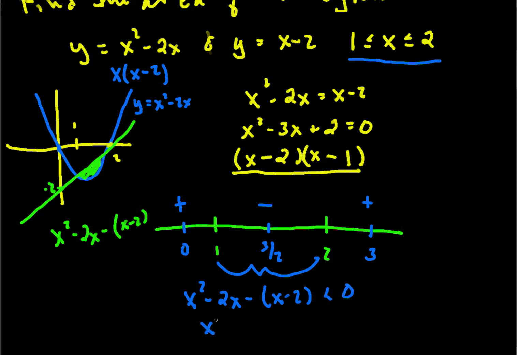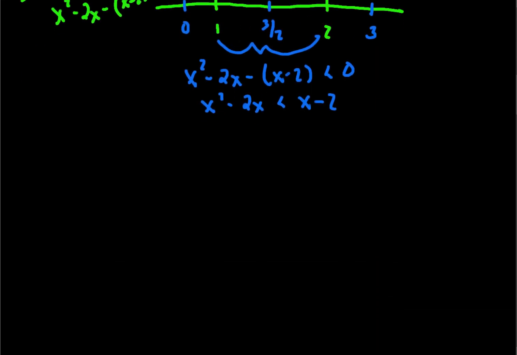So x squared minus 2x is less than x minus 2. That's exactly what the graph told us, that x minus 2 is bigger than x squared minus 2x in this region, but it doesn't hurt us to practice our algebra to determine our bounds of integration.